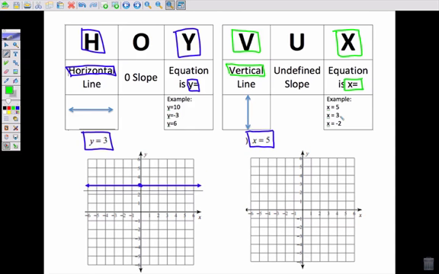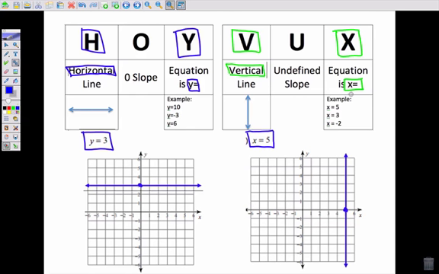X equals 3, that line is going to be a vertical line. X equals negative 2, that line is going to be a vertical line. So what I'll do if I'm trying to graph this line of x equals 5 is I'll go over here to where x equals 5, so I'll go to the right 1, 2, 3, 4, 5. Make a point right there, and then make a vertical line through that point.